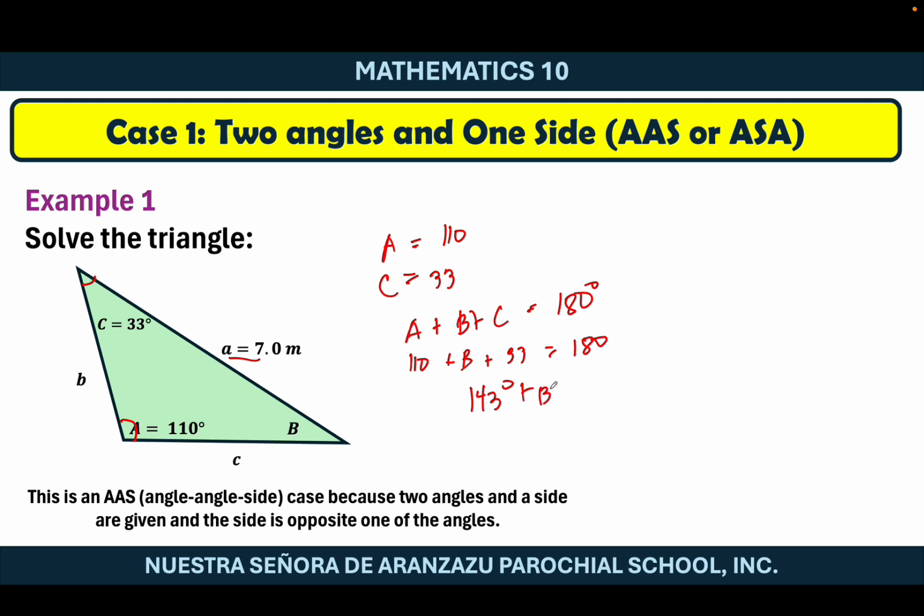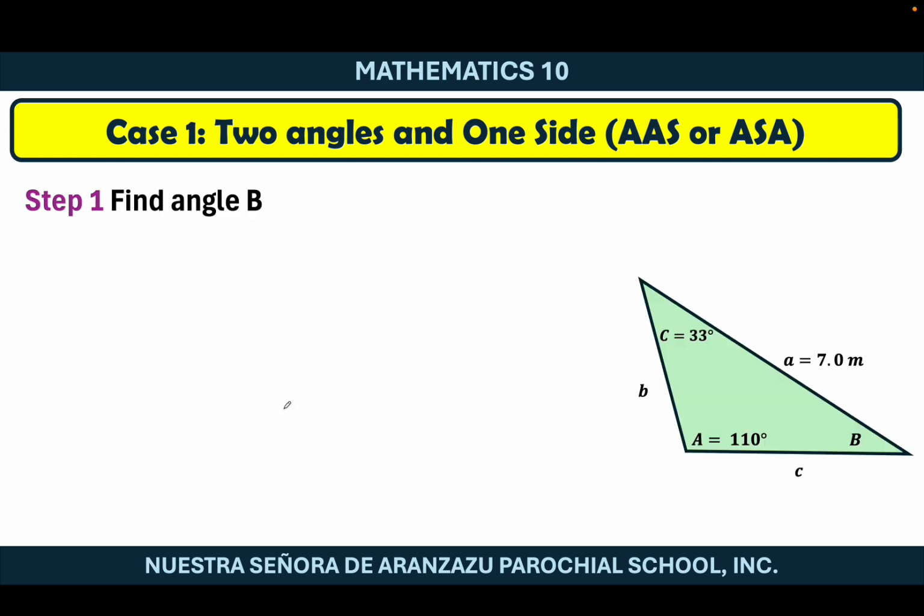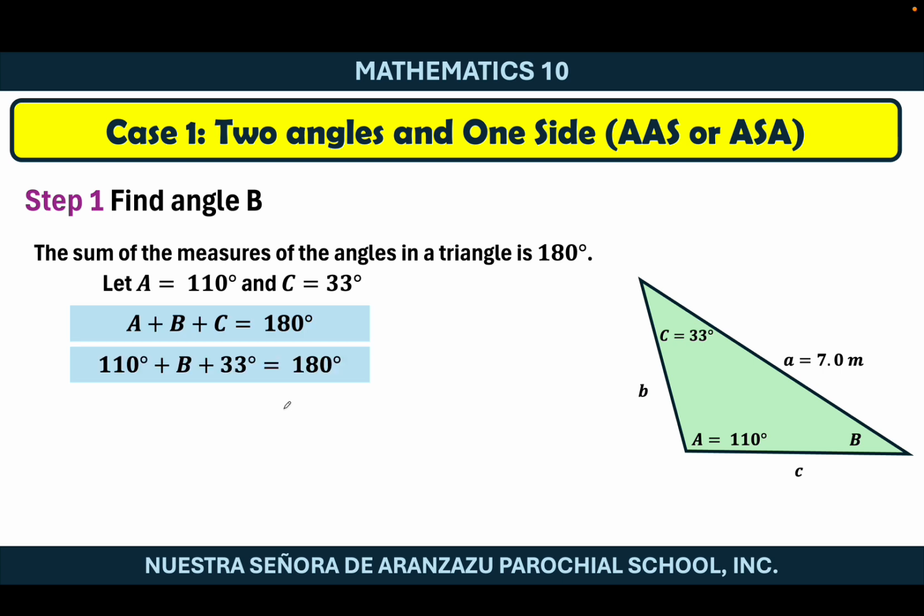Then we are going to isolate angle B, so B is equal to 180 minus 143, that will give us 37 degrees. Therefore, angle B here is equal to 37 degrees. So that's the first step.